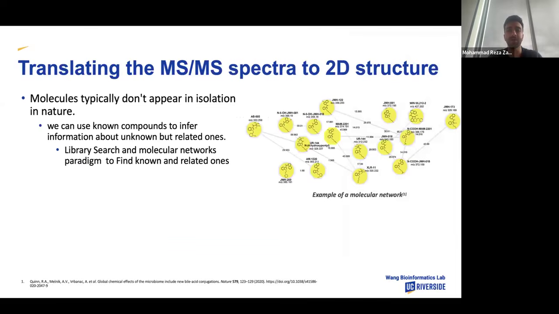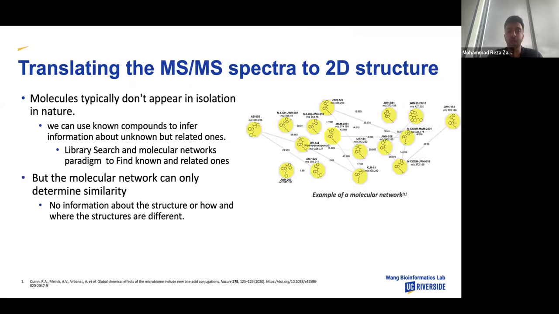So how do we go about handling this issue? First of all, molecules don't appear in isolation in nature. So we can use library search or create a molecular network out of molecules that are similar to each other, and then try to analyze the compounds based on their similar molecules.